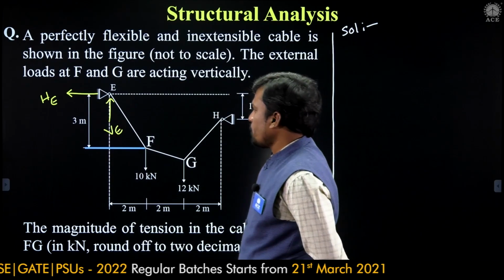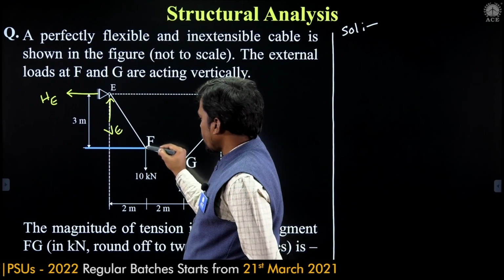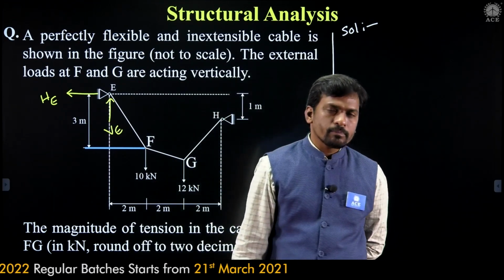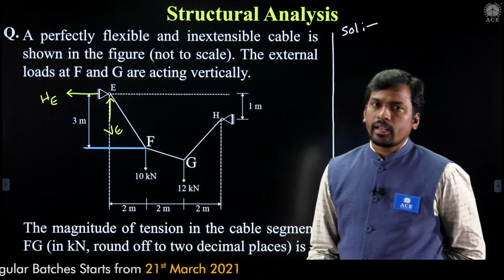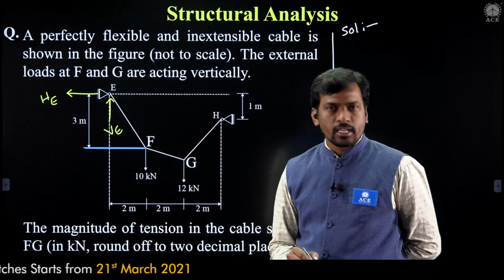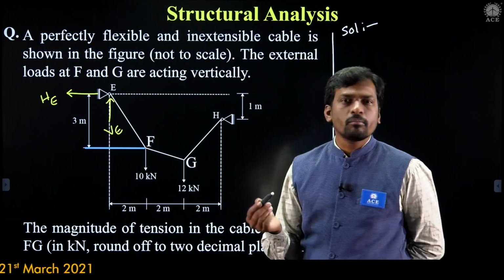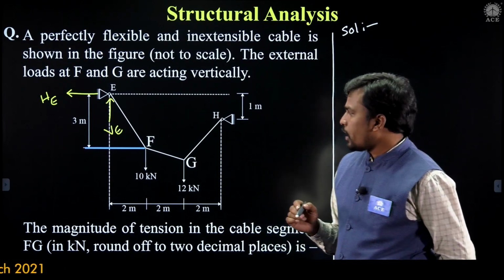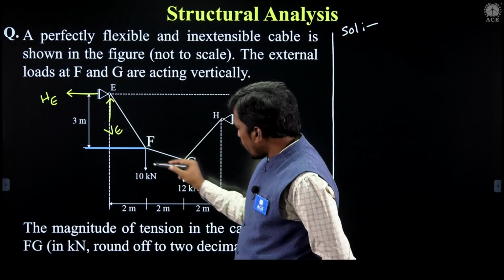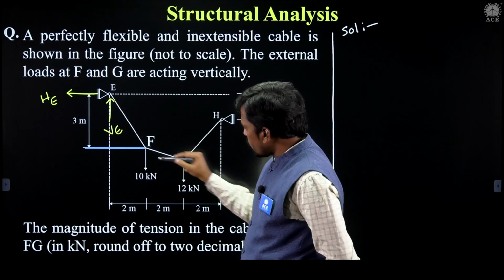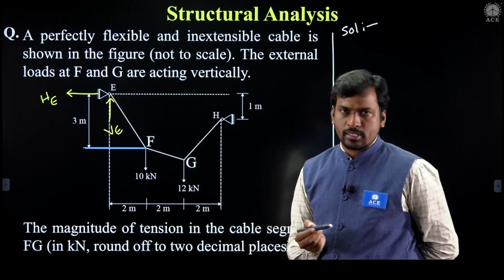By taking moment at joint F, I told you a cable can resist only axial tensile force. It cannot resist moment. So in a cable, moment is 0 everywhere.